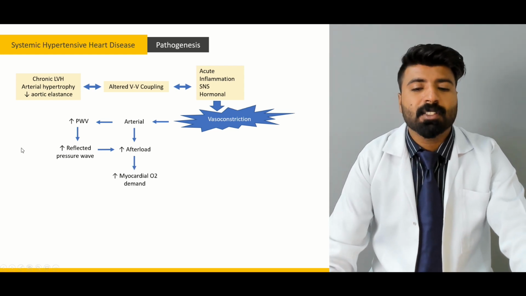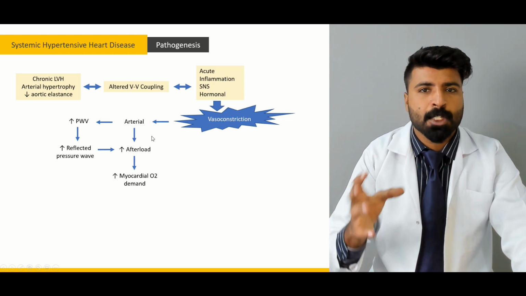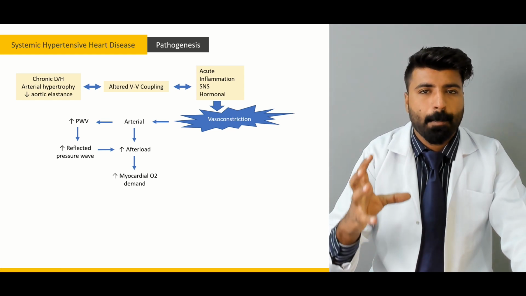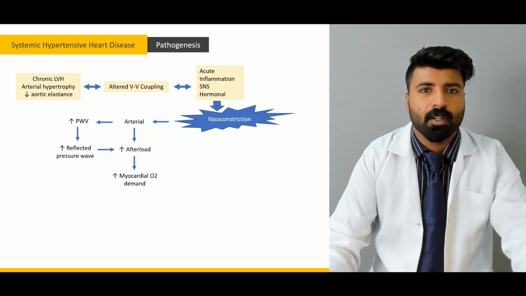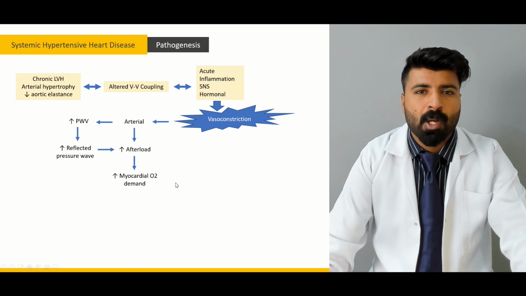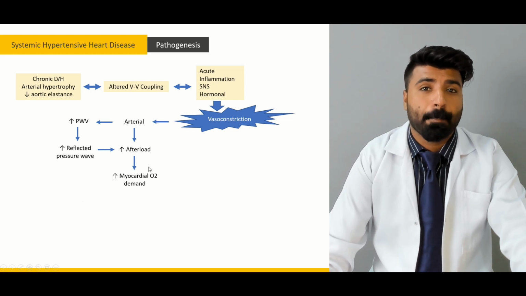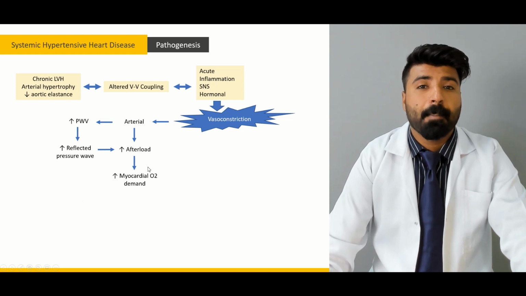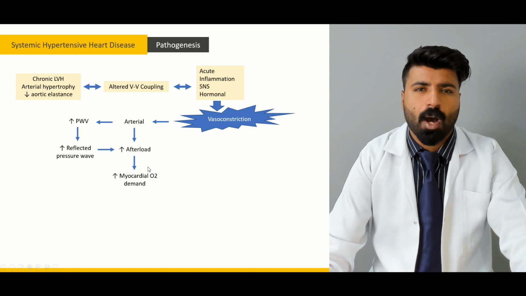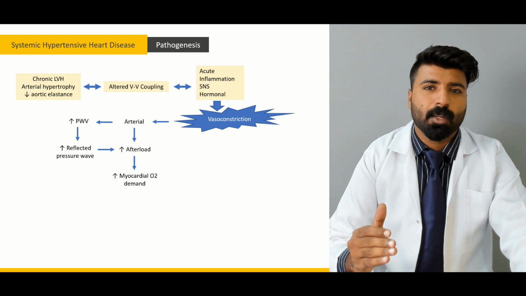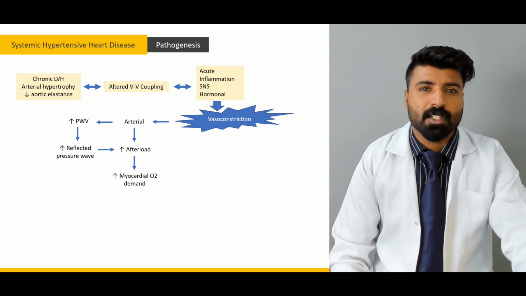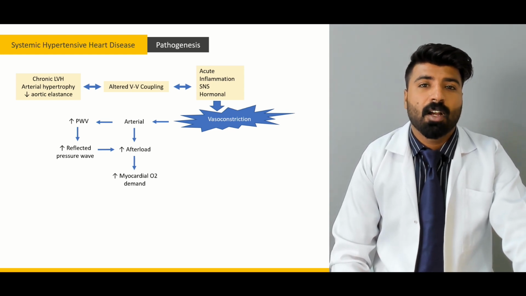So due to increased afterload, as the heart is pumping at more speed and more power, what's going to happen? Its myocardial oxygen demand will go up. When myocardial oxygen demand goes up, the heart will try to compensate.